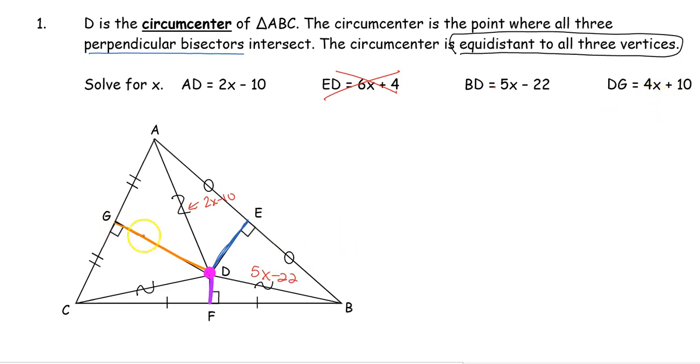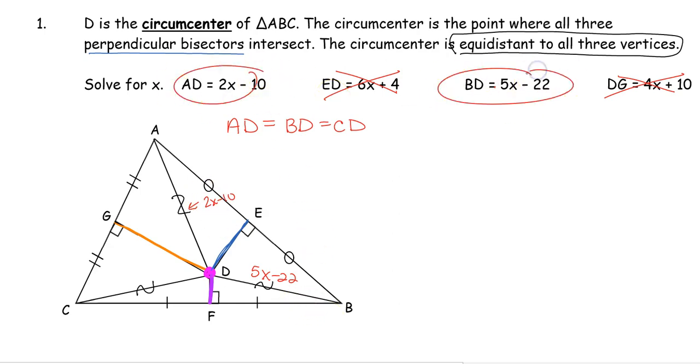And then DG, again, that's our perpendicular bisector. We don't know that's going to be congruent. What we know is that AD is equal to BD, which is equal to CD. I know those three distances from D to the vertices are congruent, so I'm not going to use the other segments. What I'm going to do then, I know that AD and BD are congruent.